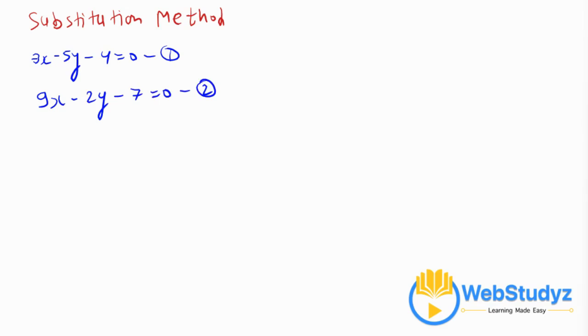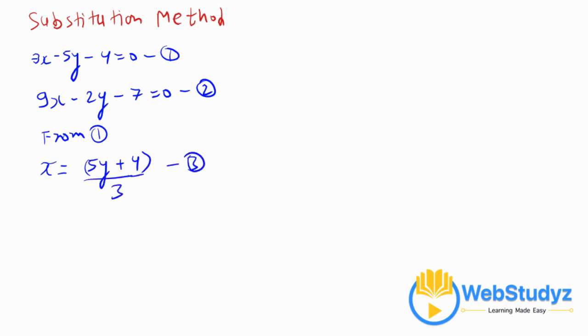Now, in the substitution method, from the first equation, we can write x equals 5y plus 4 divided by 3.